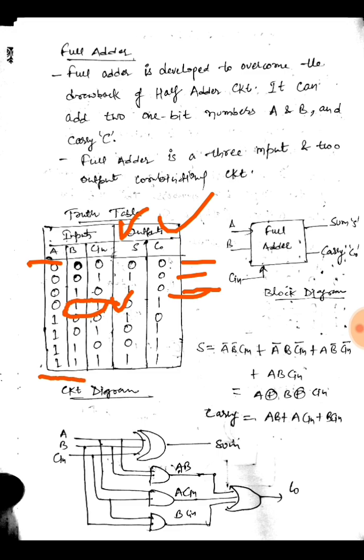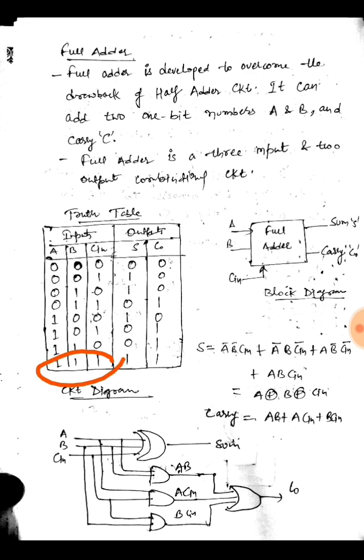And if I have all of them 1, that is 1 1, so it would be 0 and carry generated would be 1. So this carry would add to this 1. So in this case, that is when all the inputs are high, the sum would be 1 and the carry would be there as well.